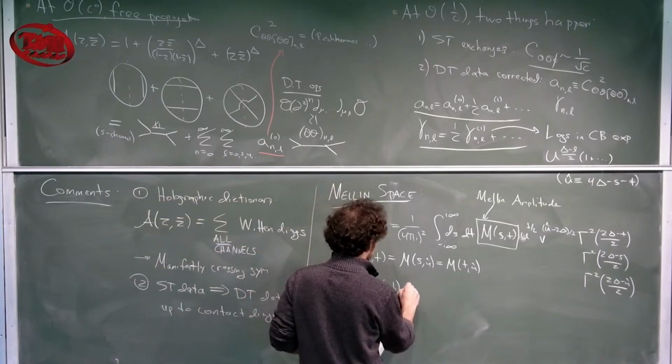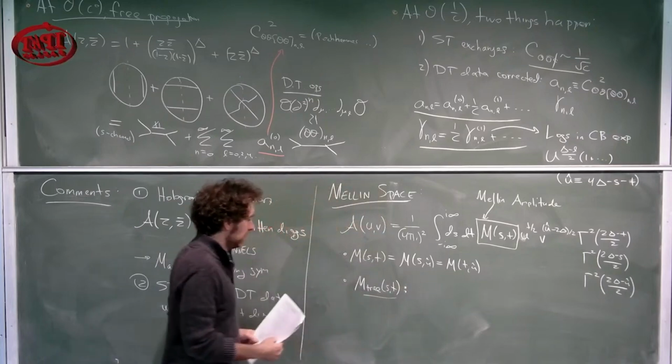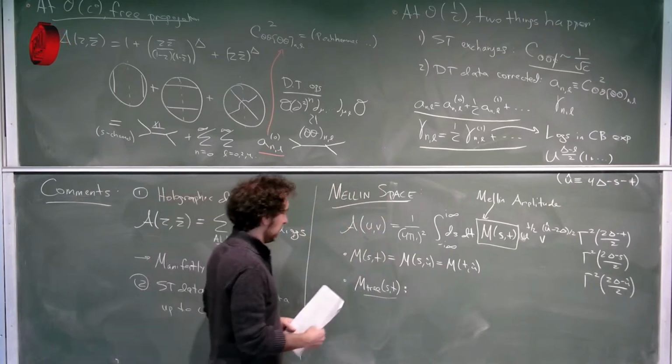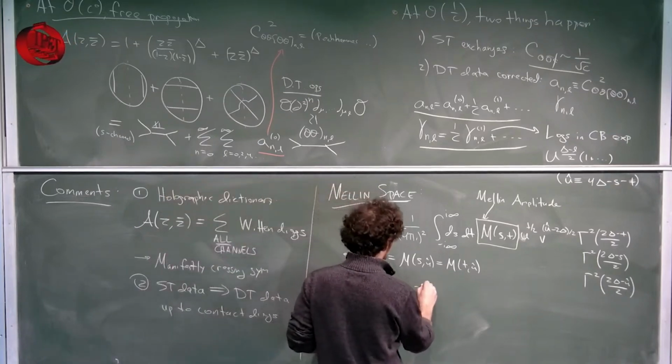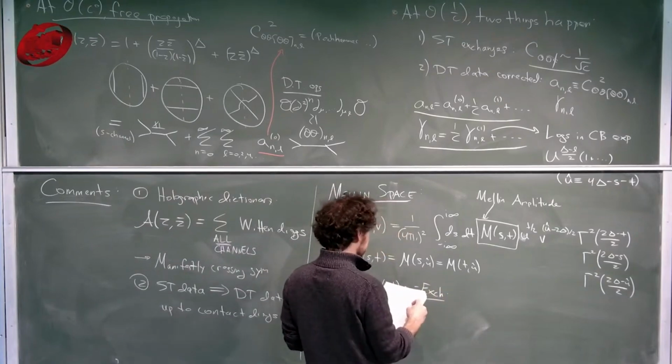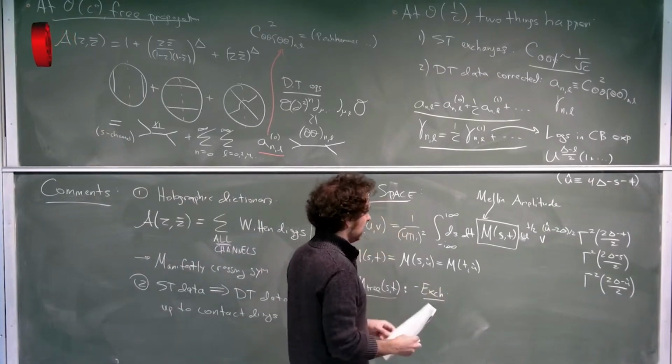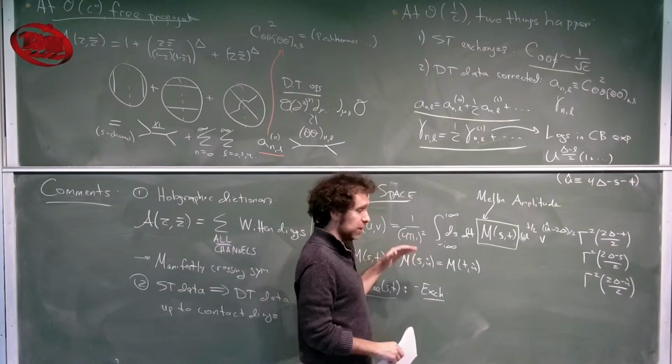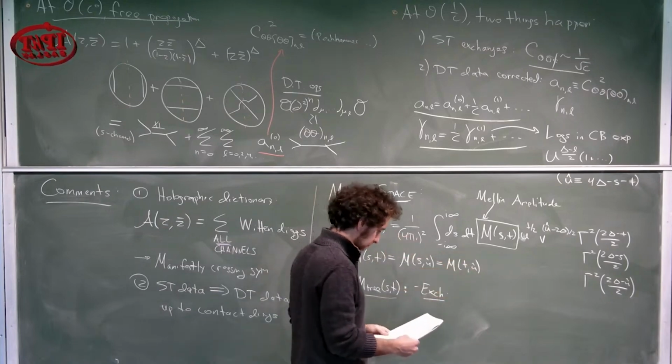The structure for contact and exchange diagrams is as follows. For an exchange diagram, you have poles at the location of the single trace operator's twist and all of its conformal descendants.